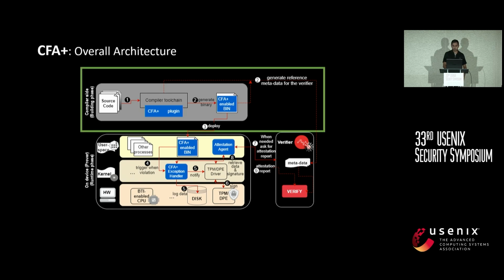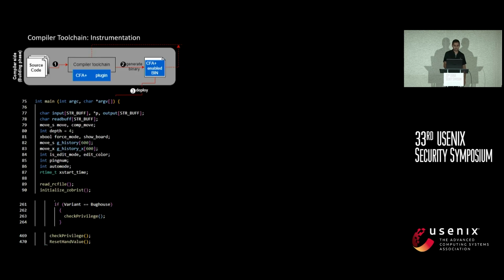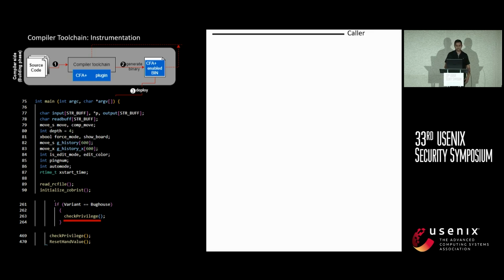Quickly looking at each of these parts, in the extended compiler toolchain, the transformation made by our plugin does what I described in terms of instrumentation. For example, here we have our main function invoking a function called check privilege.